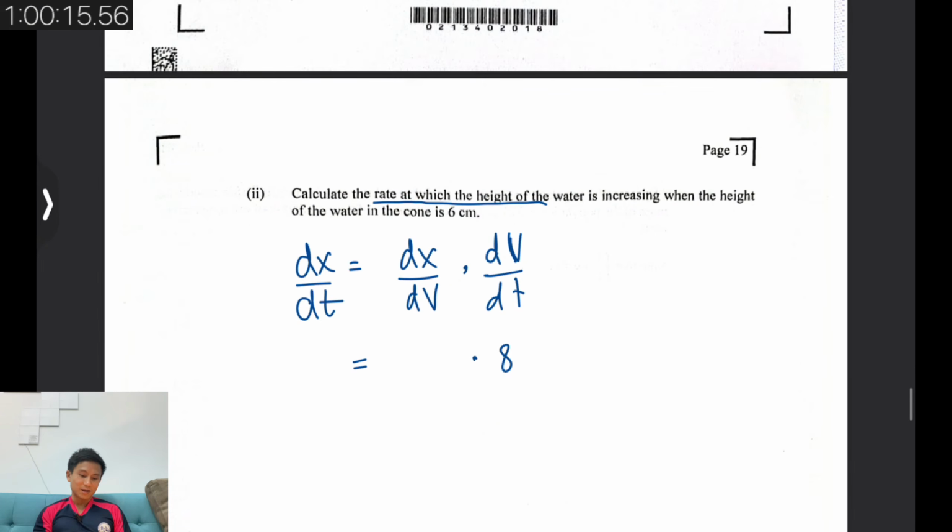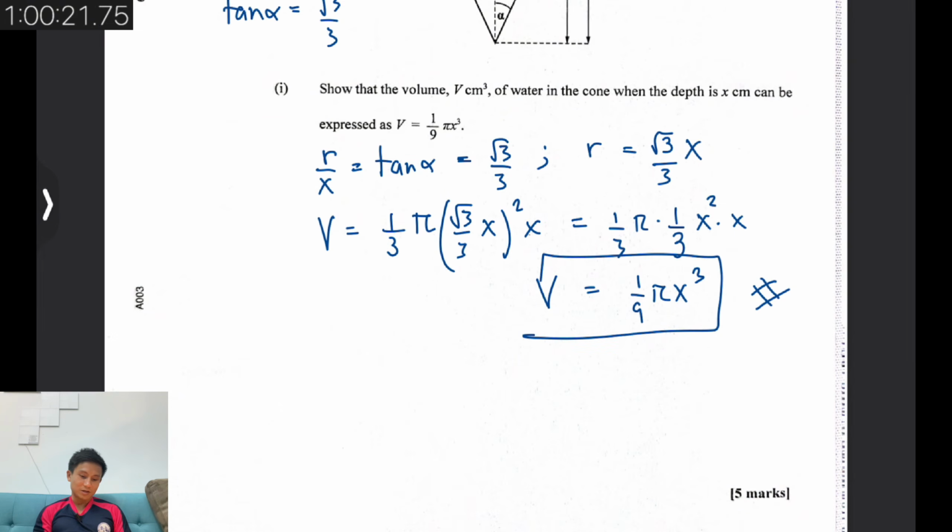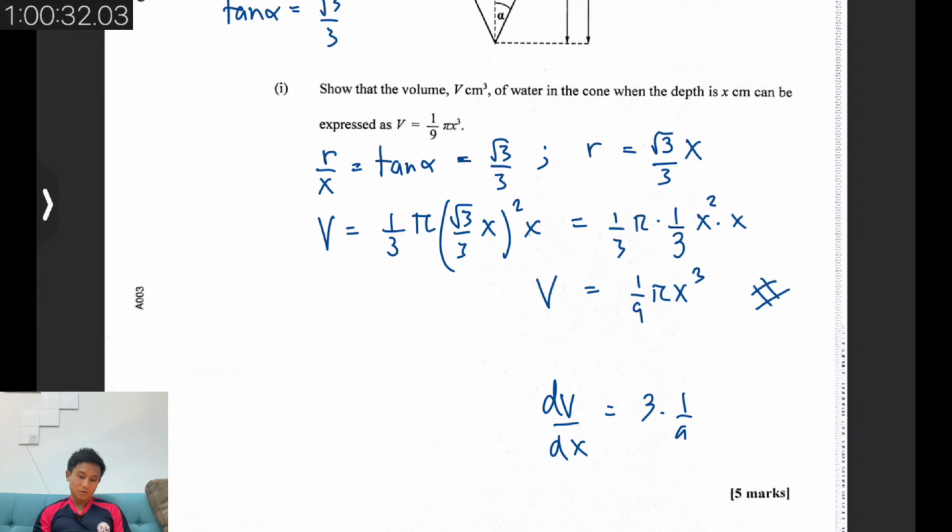Now what is dx by dv? Well, we just have to find dv by dx first. And that's the point why we found this relationship here. So dv by dx, if you differentiate x cubed there, you're going to get 3 times 1 over 9 pi, and this is going to go to x squared.